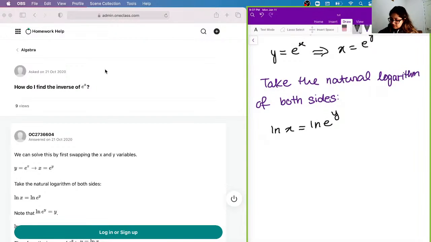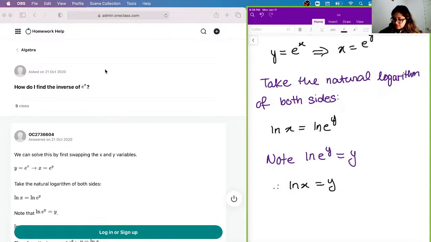Since this is ln of e to the power of y, the ln and e cancel out, because they are inverses of each other. So ln e to the power of y is equal to y, and lastly we have ln of x is equal to y.